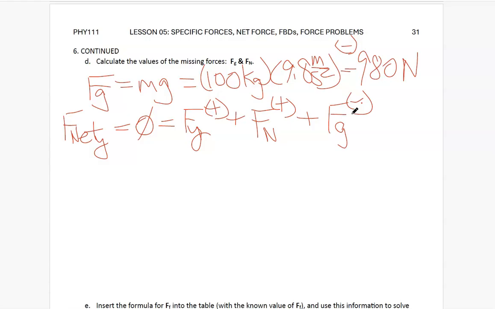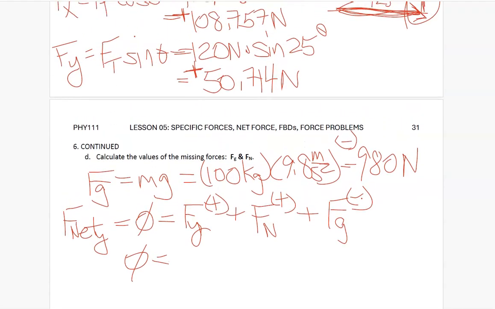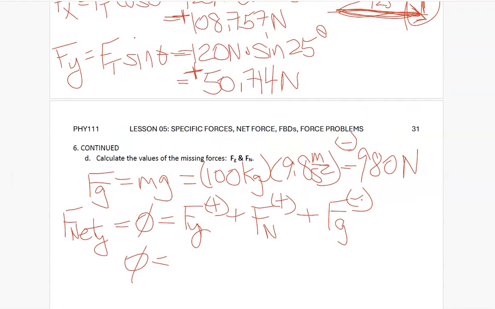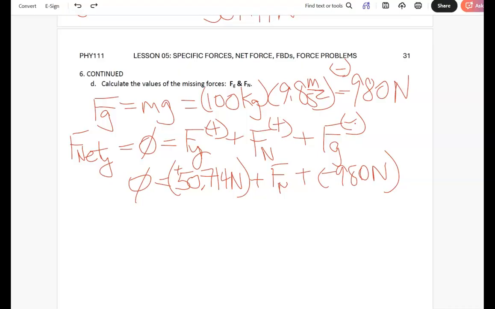And now we plug these numbers in. We have 0 equals, and using the number we just calculated for the y component, positive 50.714 newtons. That's one value, and that's a positive value, plus our unknown normal force, plus our negative weight force, 980 newtons. Okay, and we can simplify this equation by just adding up those two numbers, this one and this one.